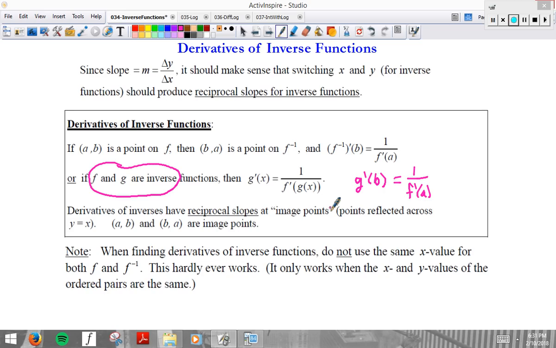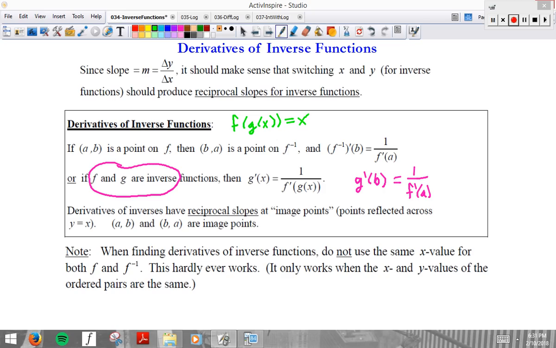One reason this should work is that if f and g are inverses, then f of g of x equals x. This is a proof of this idea. You could always derive this if you got stuck.